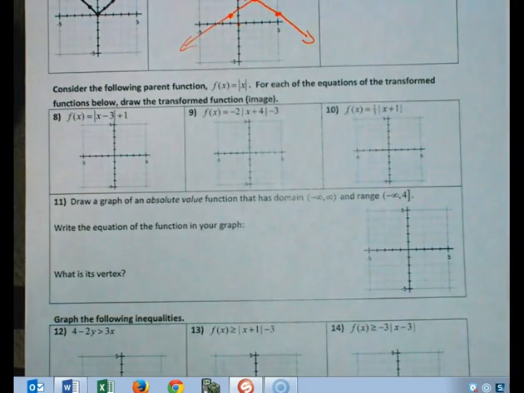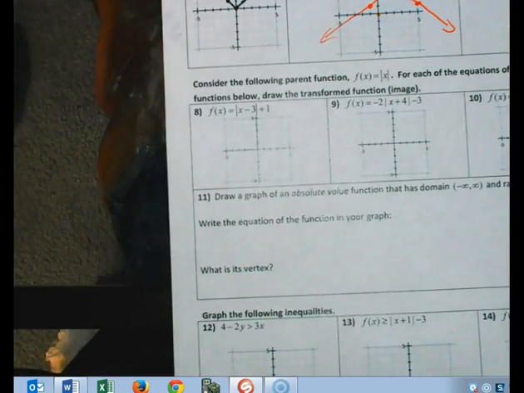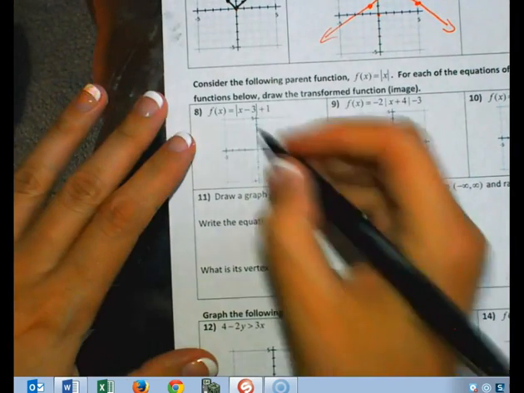Okay, let's look at the next one. Considering the following parent function, f of x equals the absolute value of x. For each of the equations of the transform function below, draw the transform function image. Again, you could plug these into the calculator, or you could do these by hand. I'll do 2 of them by hand and then the last one in the calculator.